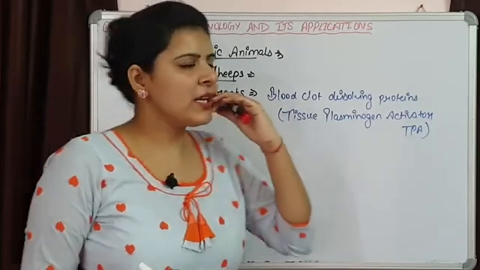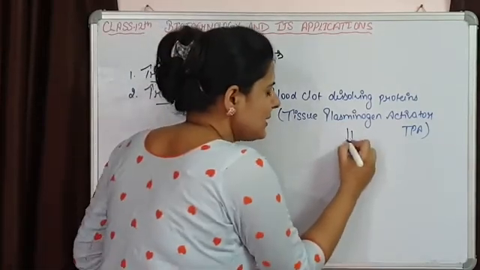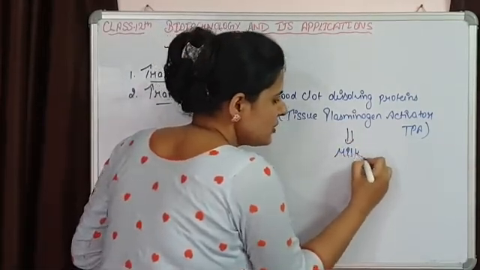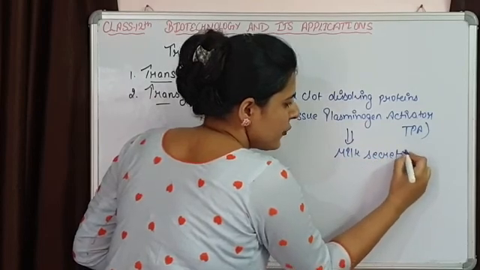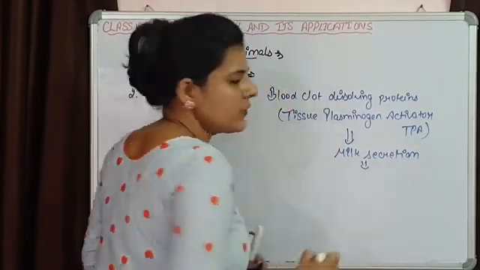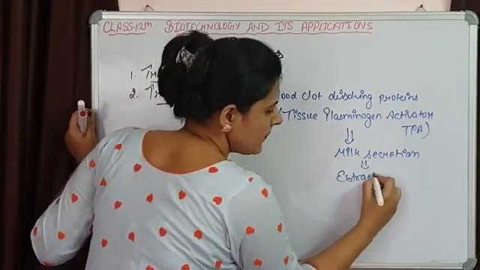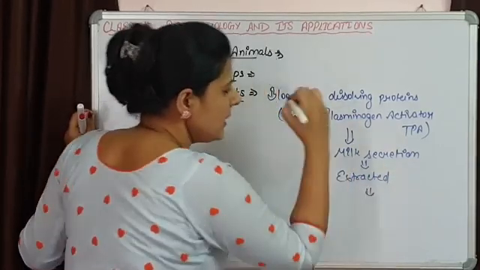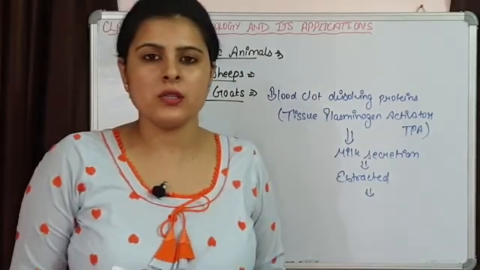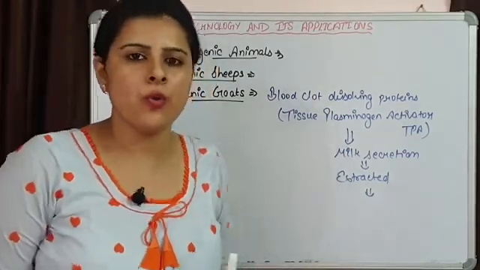Now this blood clot dissolving protein is going to be present in the milk secretion, and from the milk of the goat it is going to be extracted and used for persons who are suffering from coronary thrombosis.